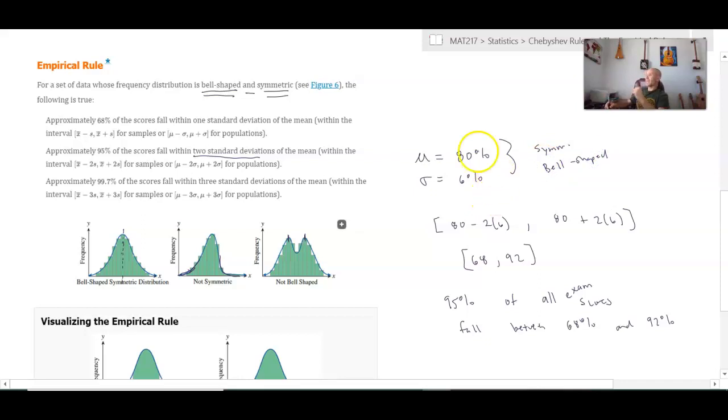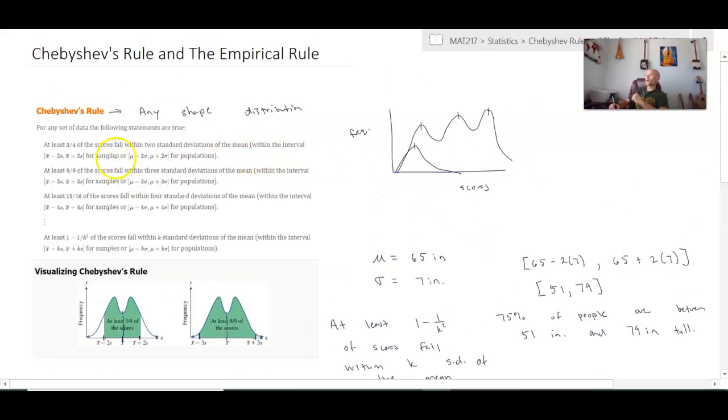However, if I gave you a data set and had you compute the mean and standard deviation, these rules would still apply. You could still guarantee these truths, which is really cool, that regardless of the shape of your distribution, no matter how messy that distribution is, you can still make some guarantees about your data values in your data set.